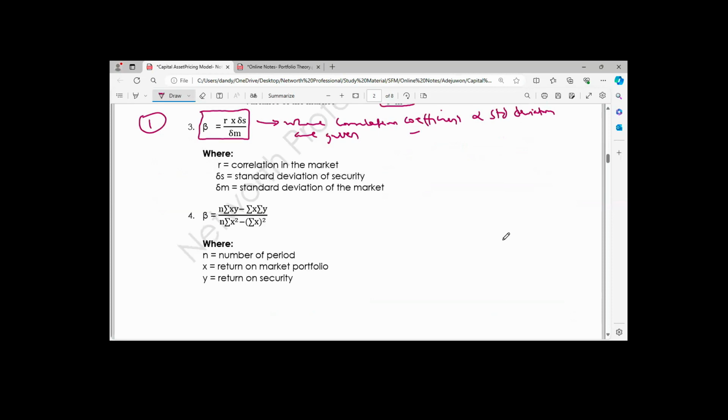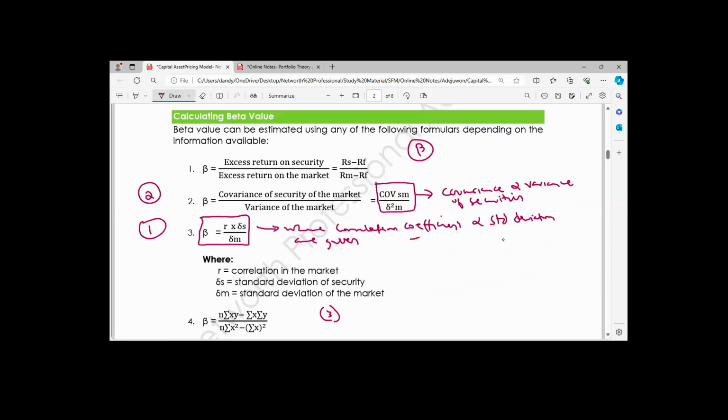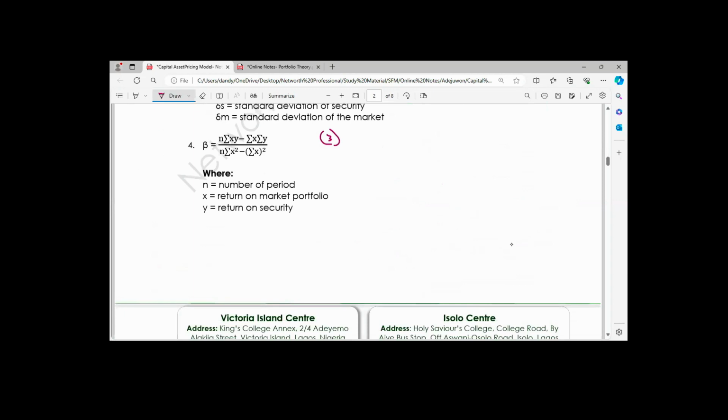The third most frequent is a situation where, in the question, you are given the number of shares, market value per share, and beta factor of the securities.